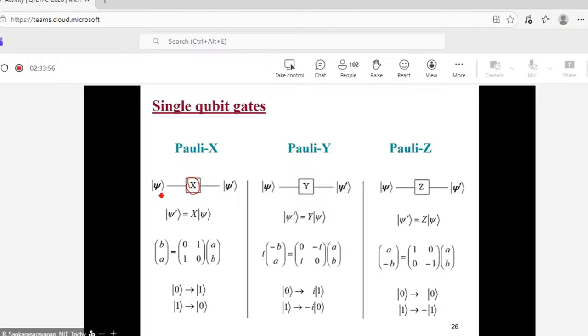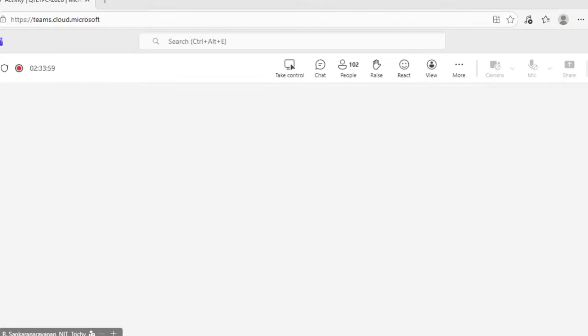As I said earlier, the quantum unitary evolution can be represented either this way or by a matrix multiplication. Psi is nothing but the column matrix A, B, and X is represented by the matrix 0, 1, 1, 0. Now you multiply this matrix with A, B, and you get the resultant one, which is nothing but B, A.